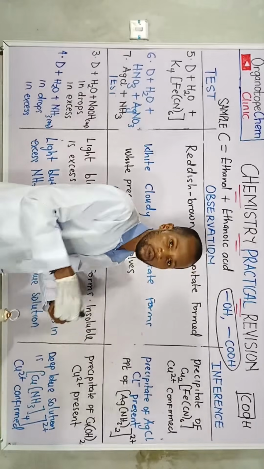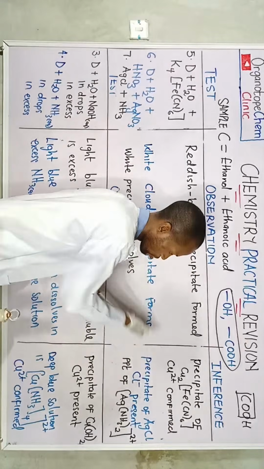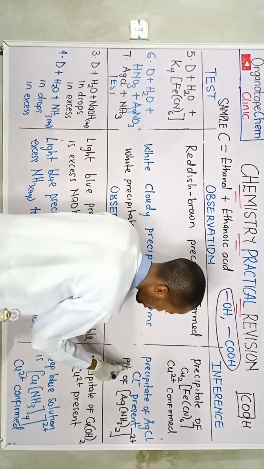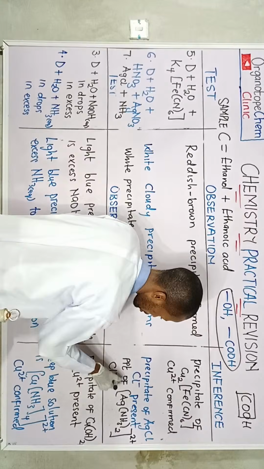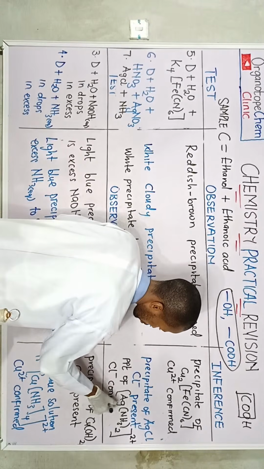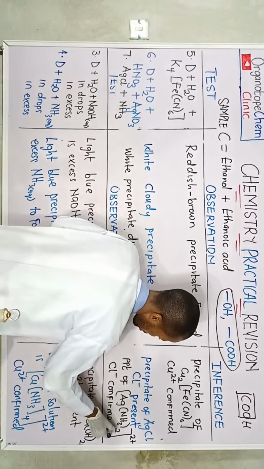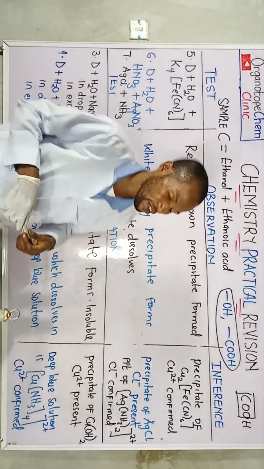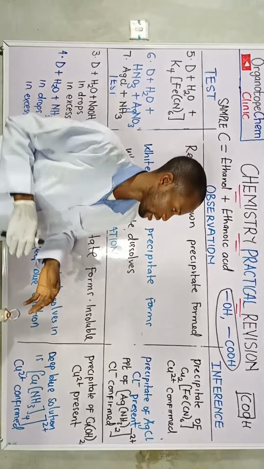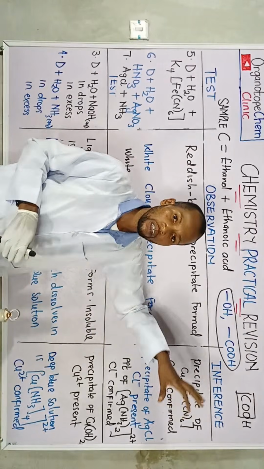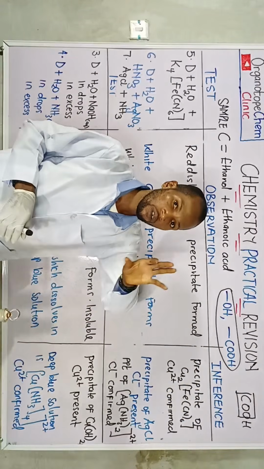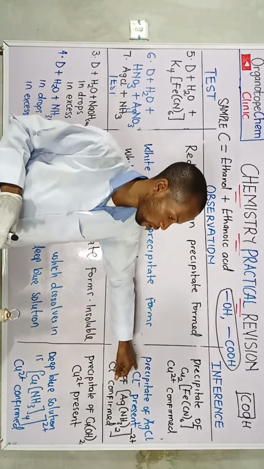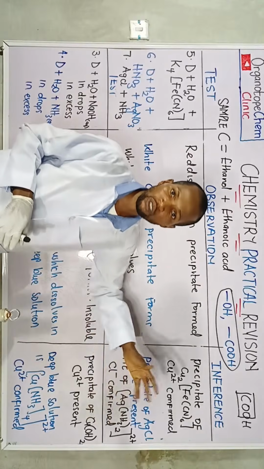I've been able to distinguish the previous test with blue and black. So chloride, Cl minus confirmed. So anytime you're writing the inference, the standard format is write the compound of the precipitate formed before you write your ion present or confirmed.